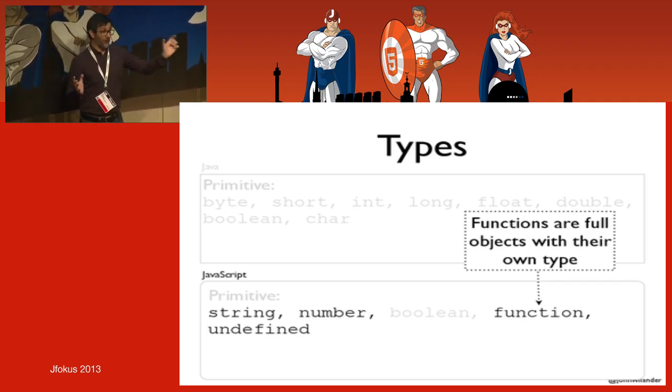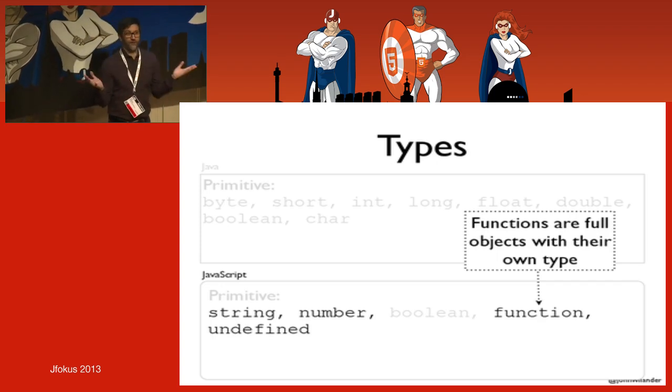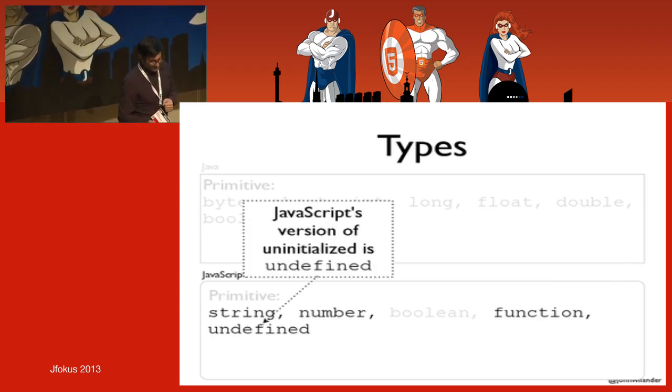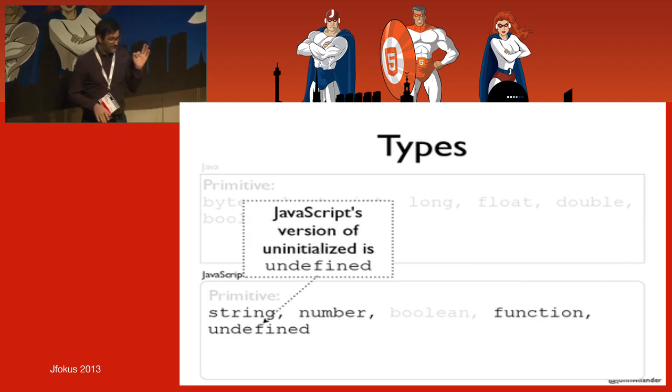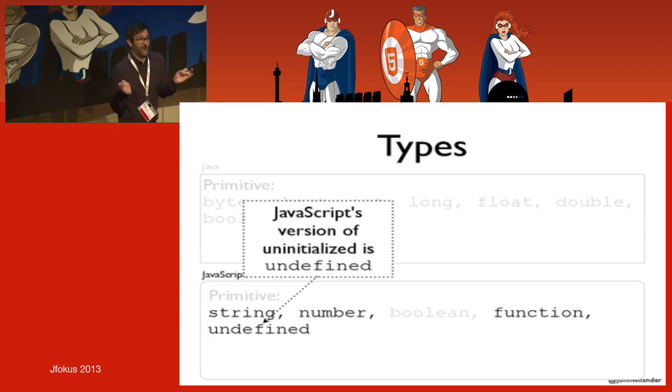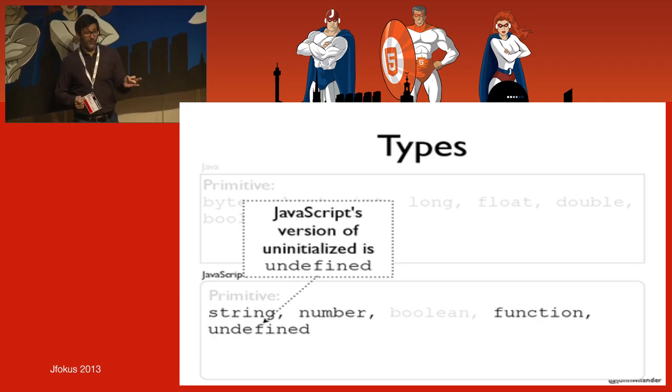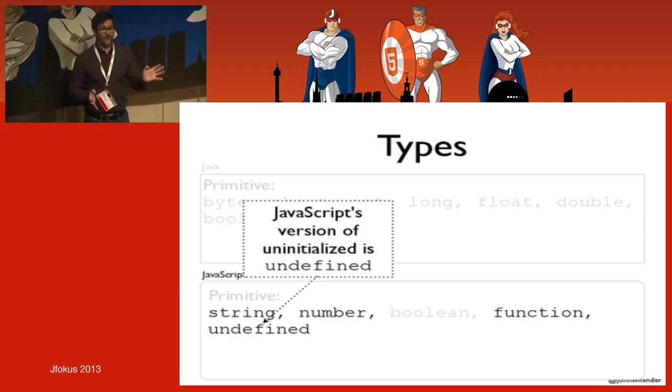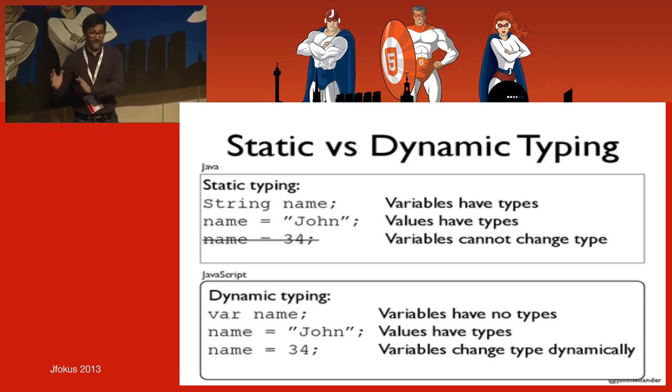They don't need a noun that they're attached to. So functions are living in the global space, namespace. And then we need to mention undefined, which is JavaScript's version of something that's uninitialized. There is also null, which is a value that a variable can have, but undefined is a specific primitive type.